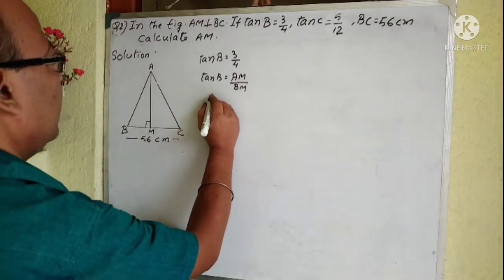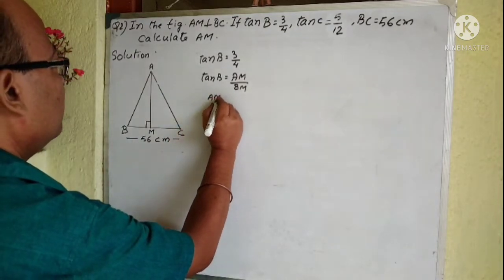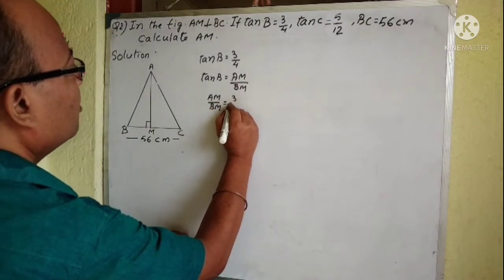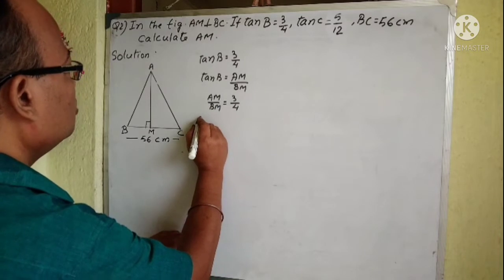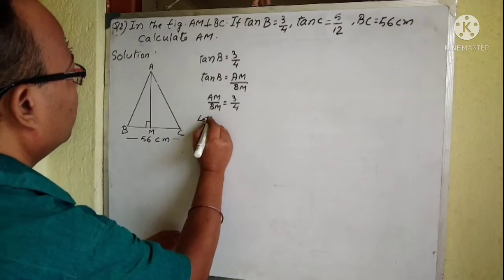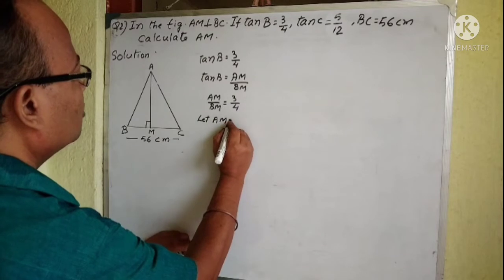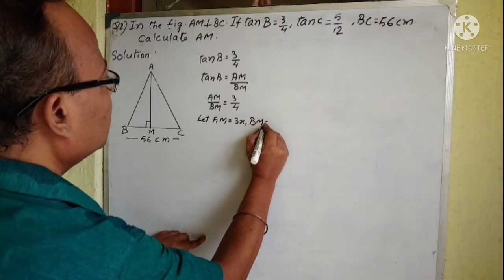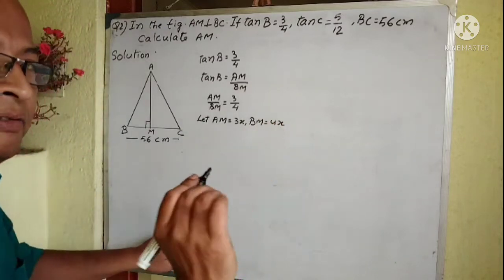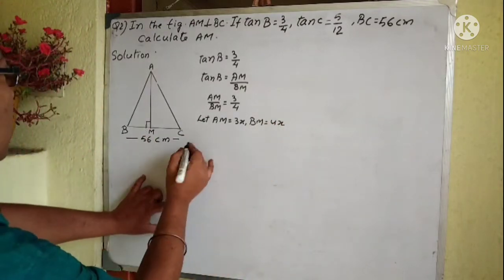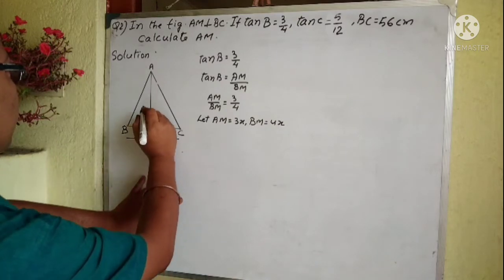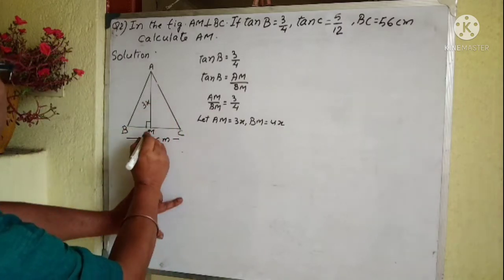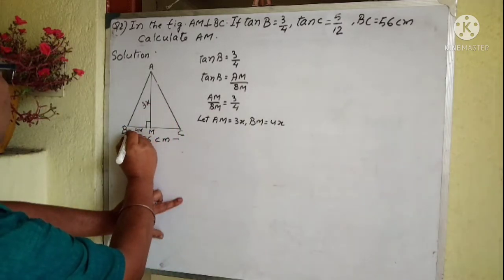So AM by BM is equal to 3 by 4. Okay, so let AM be equal to 3x and BM be equal to 4x. So we will write over here AM is 3x and BM is 4x.